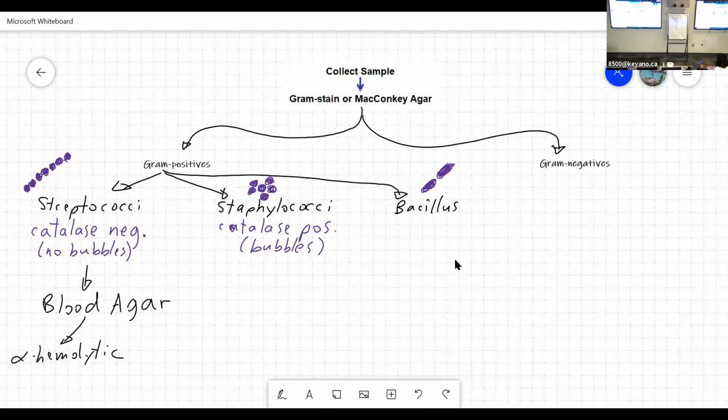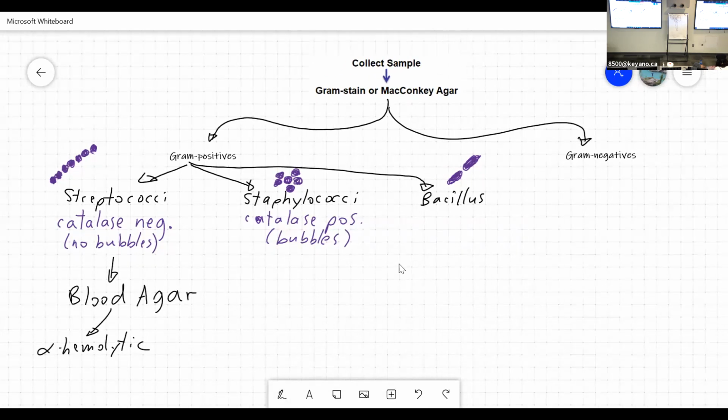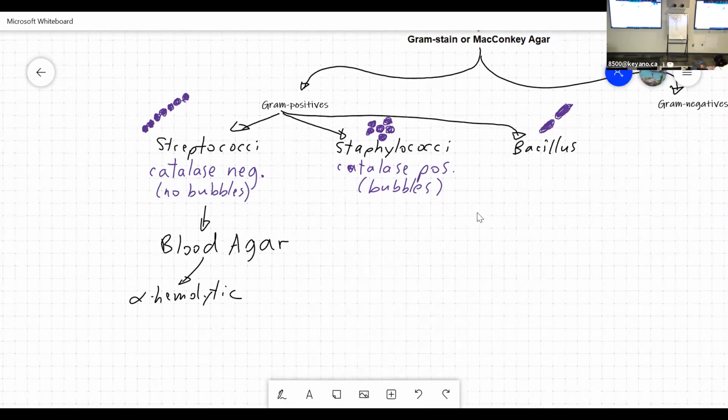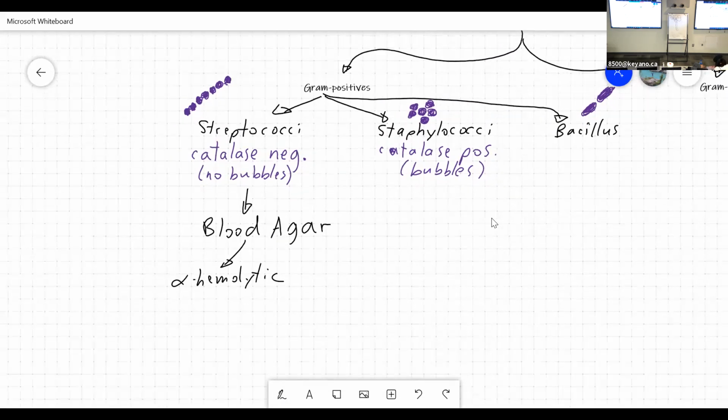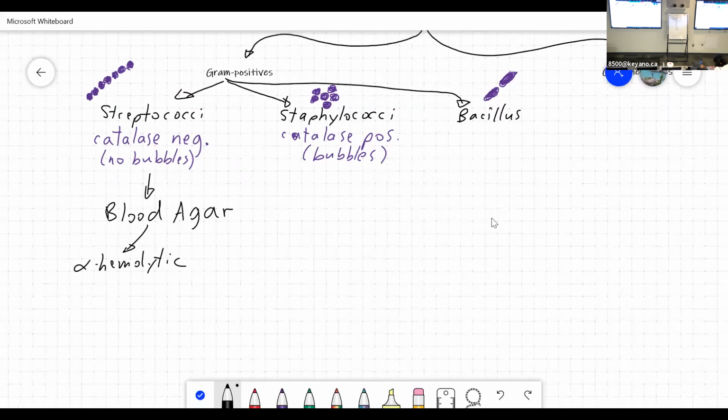Let's see if I can. How did I do this before? Oh, there we go. Some more space for myself. Alpha hemolytic. Oh no, what did I do? Okay. Beta hemolytic and gamma hemolytic.